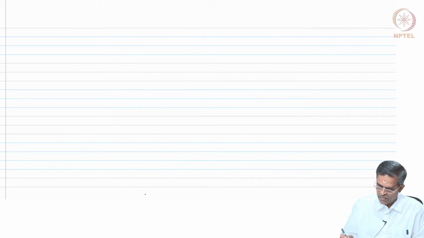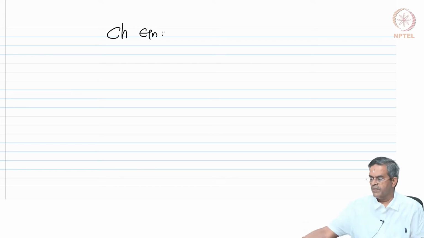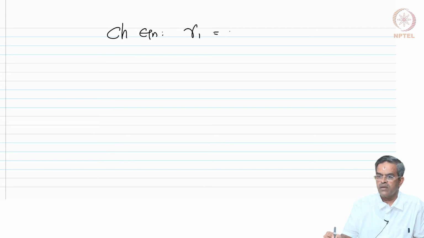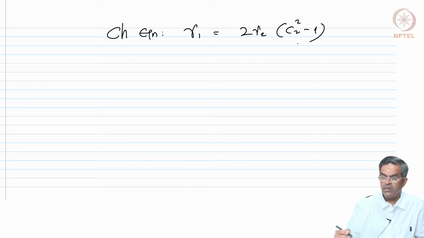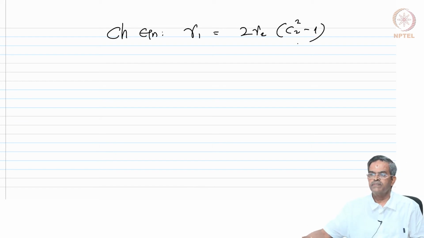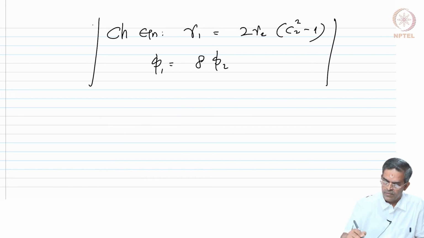What are the conditions? I have to satisfy the characteristic equation, which is given by R1 is equal to 2R2 (C2 square minus 1). The other condition is I must satisfy phi 1 is 8 phi 2. This is what I have to satisfy.